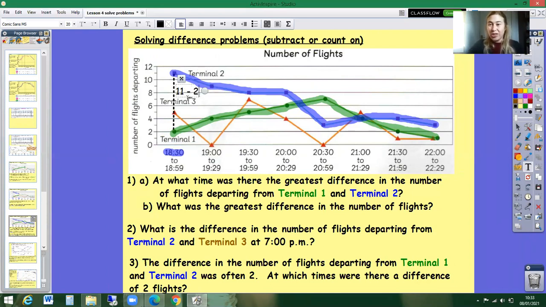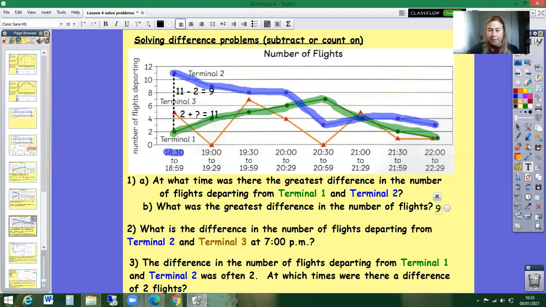Or I could start at 2, and I could think, okay, what do I need to add in order to get to 11? And that will help me work out what is between 2 and 11. So 11 take away 2, I know that really easily. It's 9, because we've got an odd number, we're taking away an even number, so that's got to leave us with another odd number. Okay, so the greatest difference in the number of flights was 9.